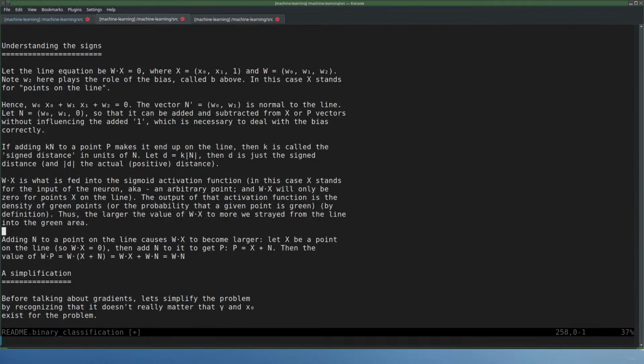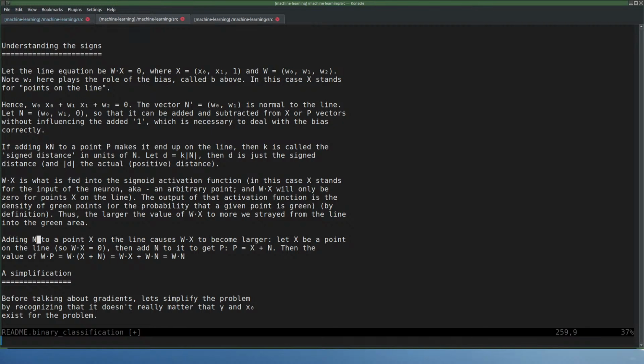Then we say, adding n to a point, I'm going to add it to x. Adding n to a point x on the line causes Wx, we're changing x here, right?